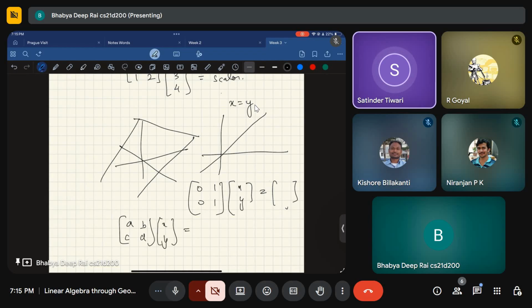So I think the transpose is not possible. That's another good point that you made.